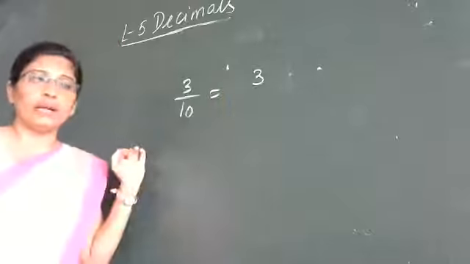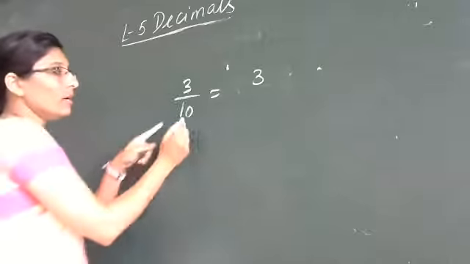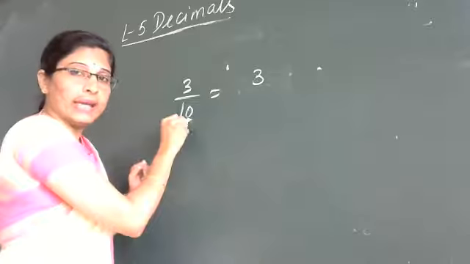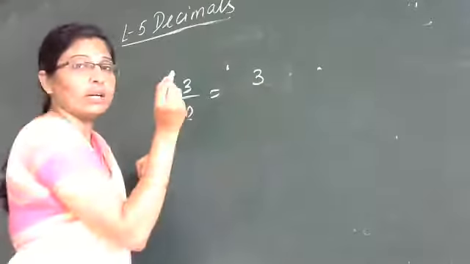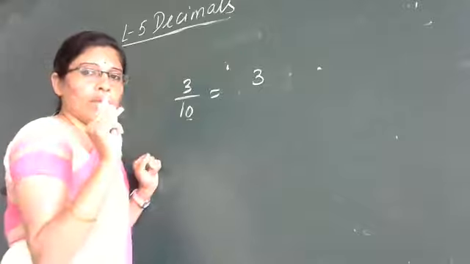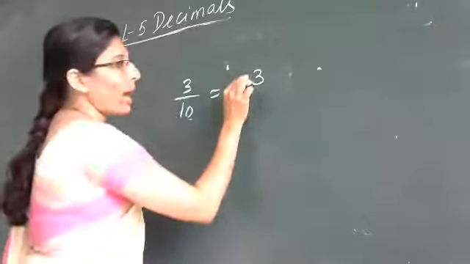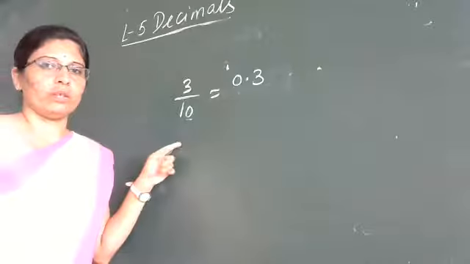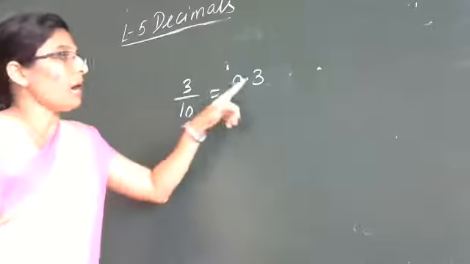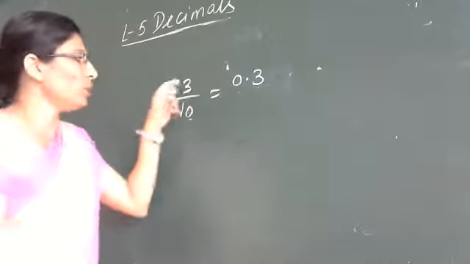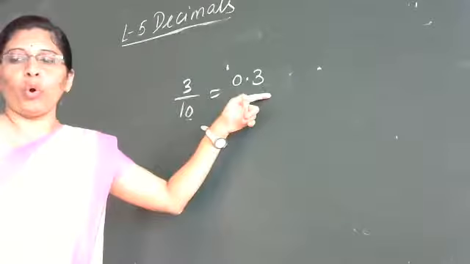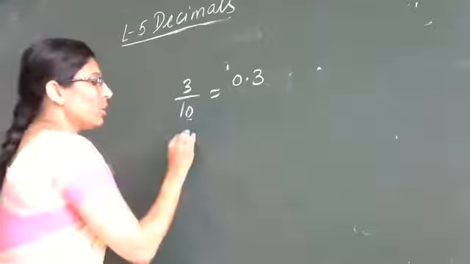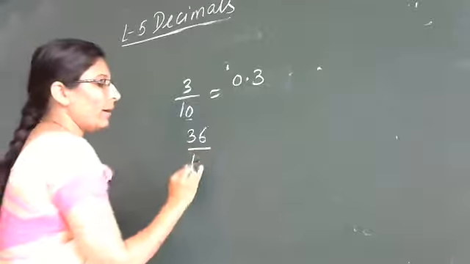And we have to see down here. Whenever 10 is there, it means after the decimal one digit should be there. So we have to count this number and put the point and then put a 0. So 10 means after the point one digit. So 3 by 10 is 0.3. Now if it is 36 by 10.